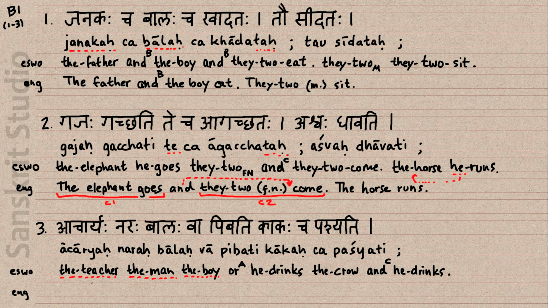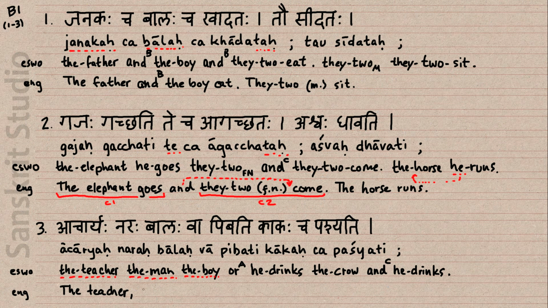Alright, so let's do number 3 then. So we have the teacher, and then when we have 3 terms or 3 words, acharya, naraha, balaha, in English, if we only have one va, we always do it like this then.